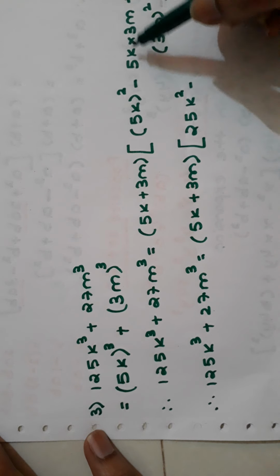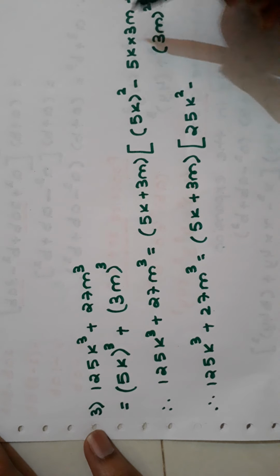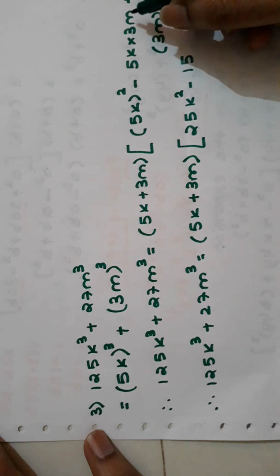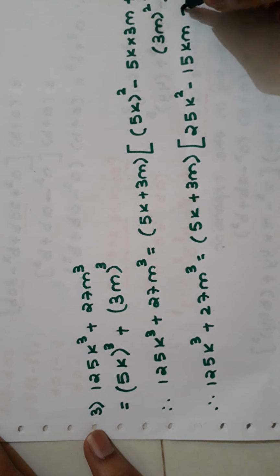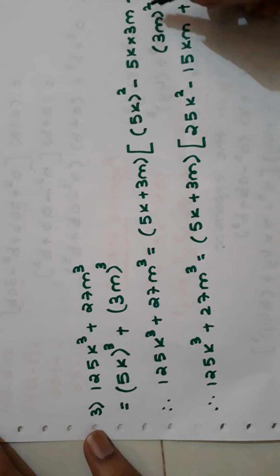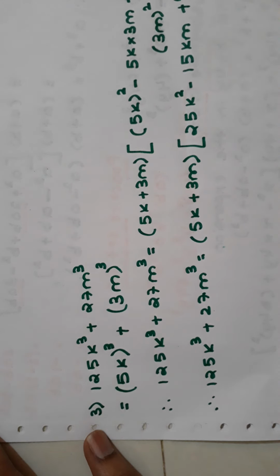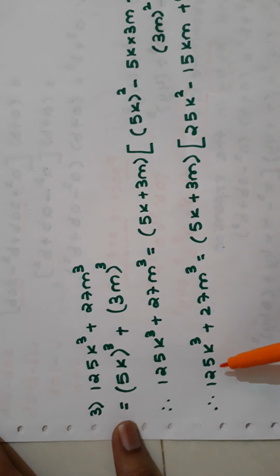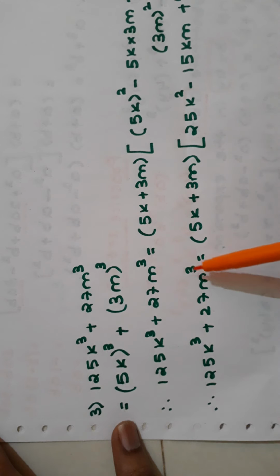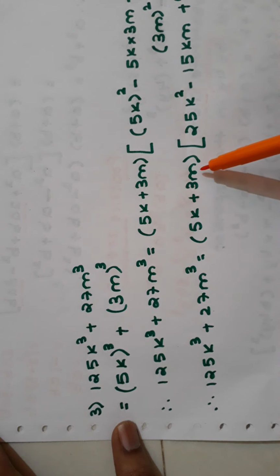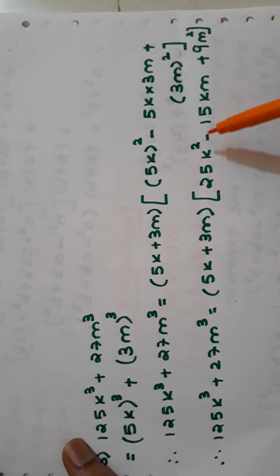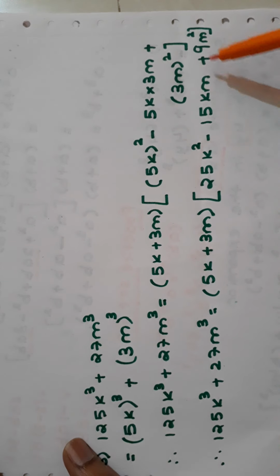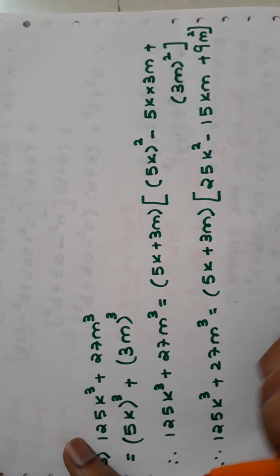So you first multiply the coefficients, 5 into 3 is 15, k into m as it is, plus law of indices, 3 square is 9, m square. So the factors of 125k cube plus 27m cube are 5k plus 3m and 25k square minus 15km plus 9m square.